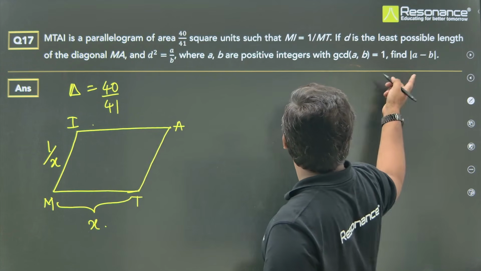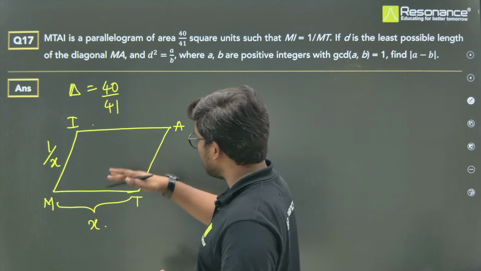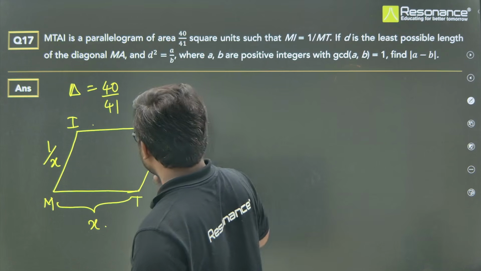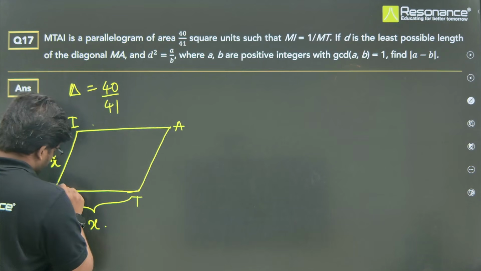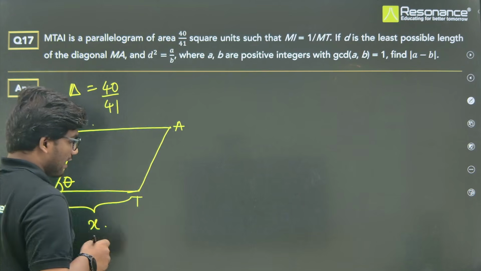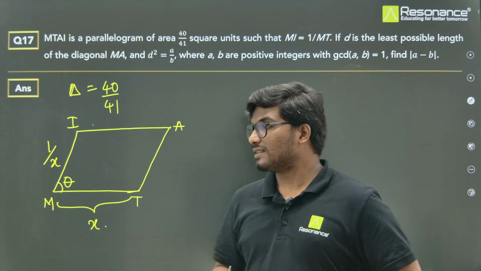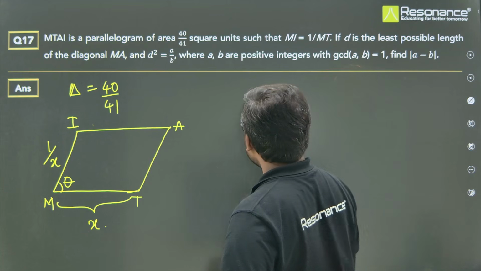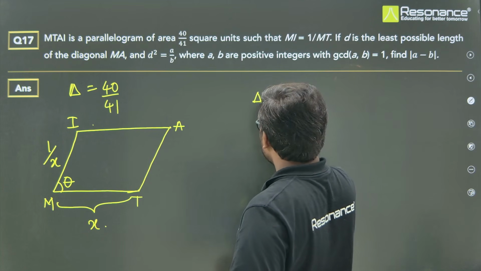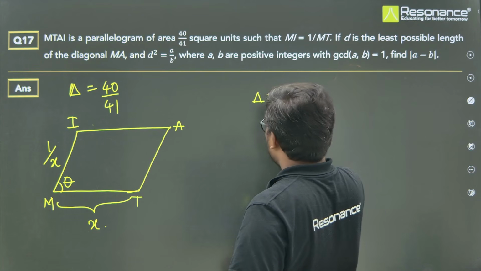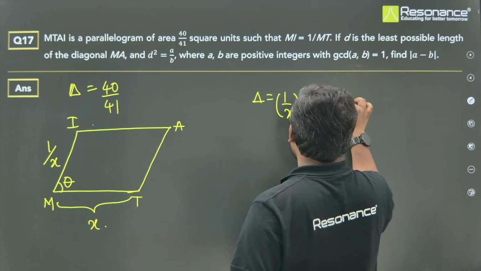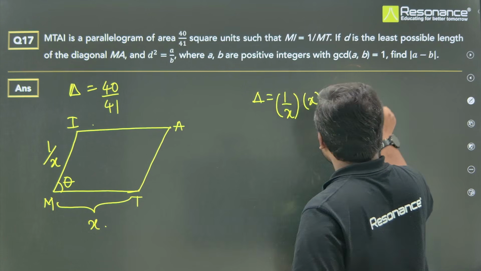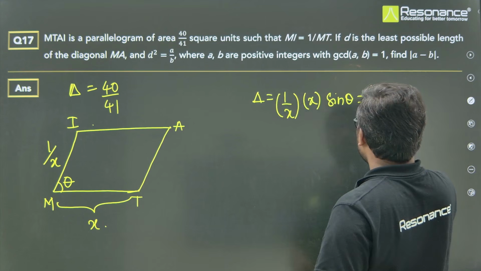Now, D is the least possible length of the diagonal MA, and D square is, okay. Before we go for that, let's denote this angle as theta. Now, how do we calculate the area of the parallelogram? Delta is 1 by x into x into sine theta, which is 40 by 41.